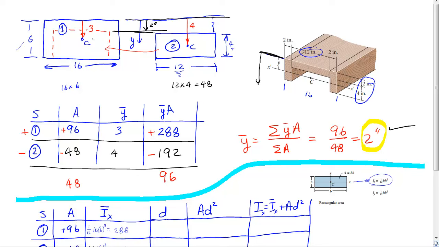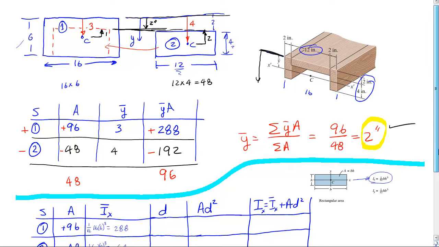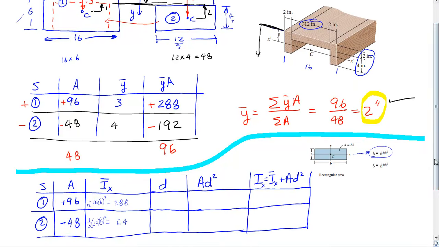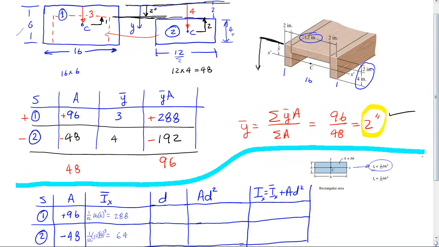So I've identified this as 2 inches. For section 1, I need to take this centroid and move it that distance. For section 2, I need to take that centroid and move it that distance, which is supposed to line up with the top of that. This, in fact, is 2 inches. This, in fact, is 1 inch. So the distance that I'm moving the first section is only 1 inch.